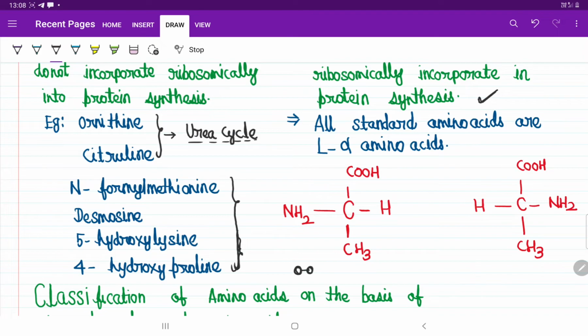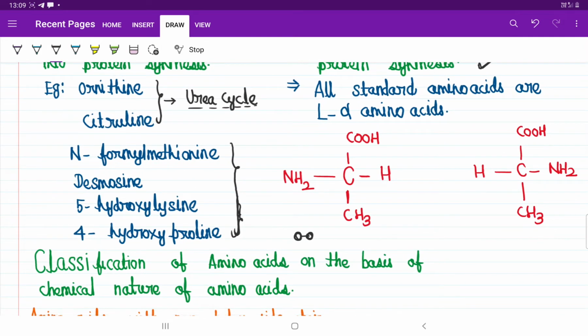Like proline was added in protein, after protein synthesis some changes were introduced into the proline and it became 4-hydroxyproline. So all these amino acids, even though they are non-standard amino acids, are still present in protein. They are added in protein post translationally.